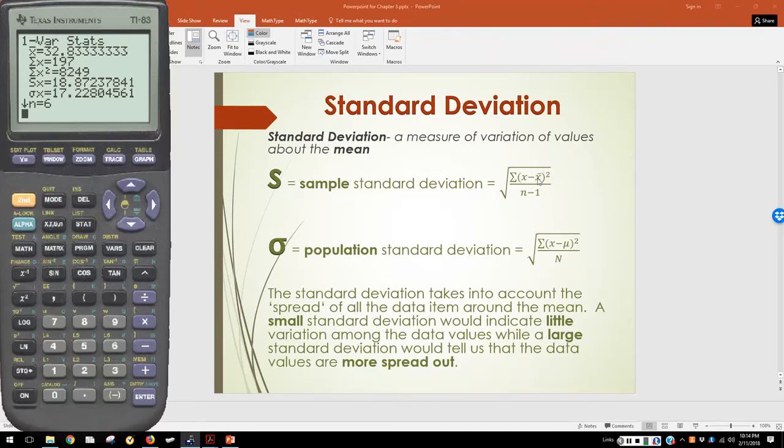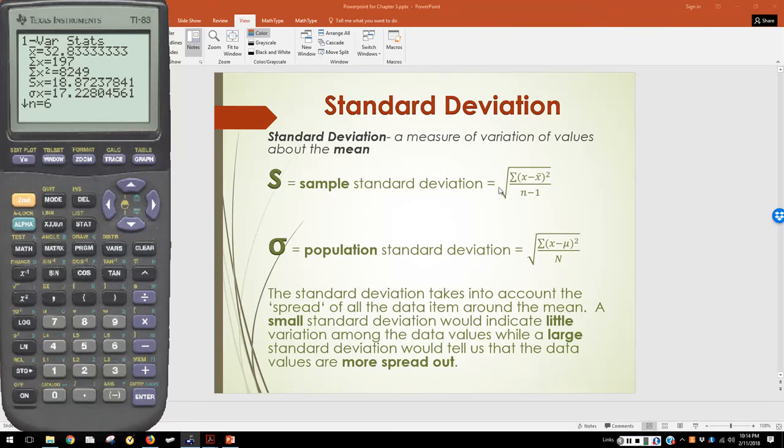So if you just add up the differences of each data value minus the mean, it actually always adds up to 0. So what we do is we square those in order to keep that from happening. And then because we square those, and also because it's a sample, we divide by n minus 1.